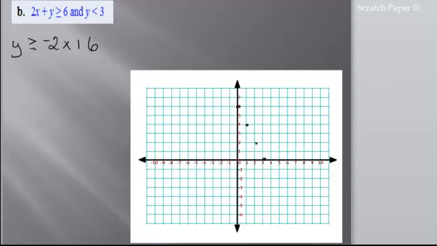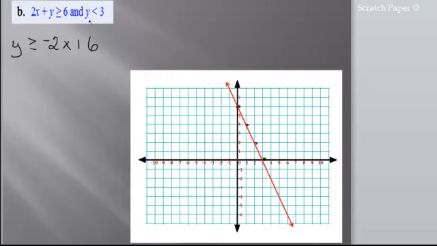Now this is going to be a solid line. So here's our line, and it says that y is greater than that. Now I don't want to shade anything just yet. I'll shade them at the very end this time. But if I wanted to shade everything greater than this line, it would be this direction right here. So let's just keep that in mind as we graph the second part.